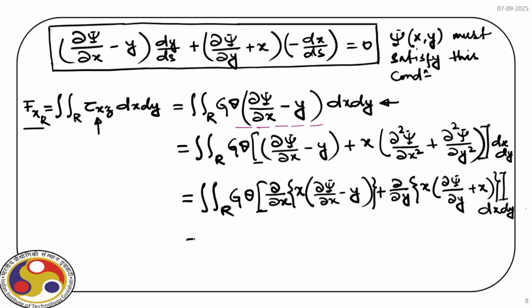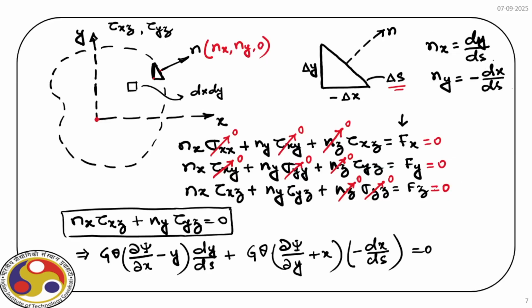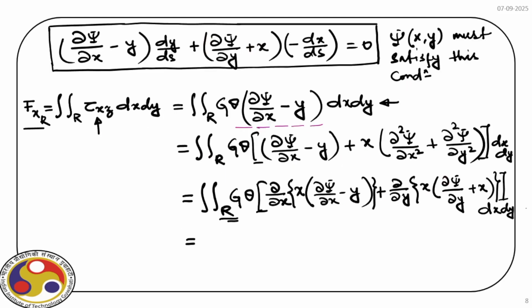Now you can see this is a surface integral over the surface defined by this R, and what we are doing, we consider this small segment and then first find out what is the elemental force over this segment along x direction, and then we integrate over that complete surface. Now here we can actually apply Gauss theorem.